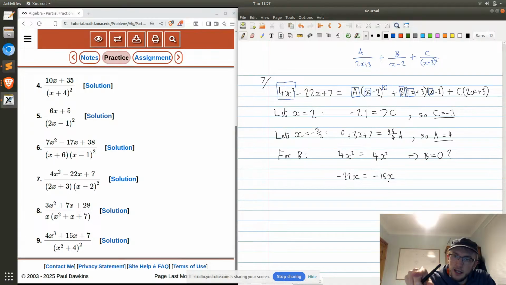Minus 16x, and then over there with the c, that'll be minus 6x. So that's two pieces of evidence that b is actually equal to 0. So I think that this term here actually does not exist.